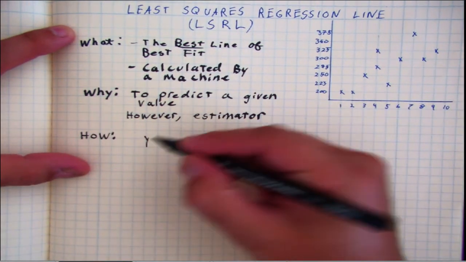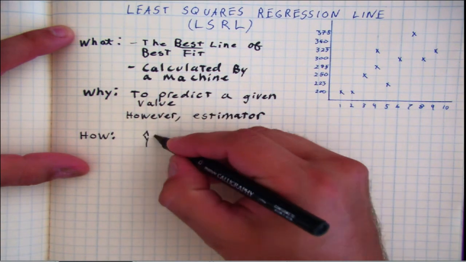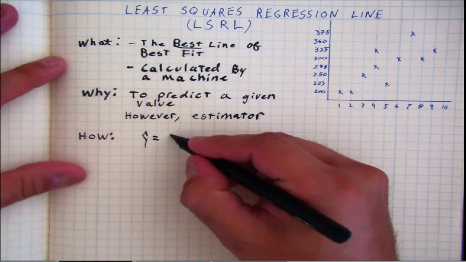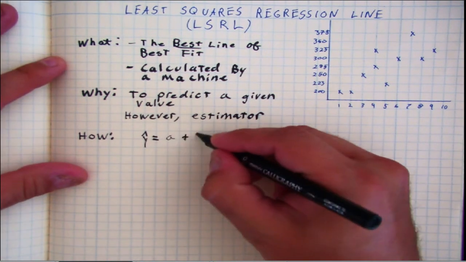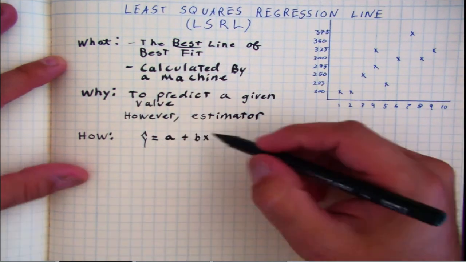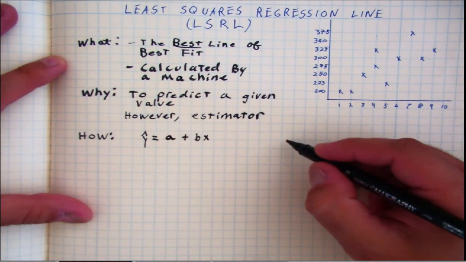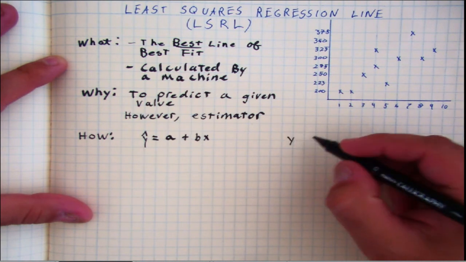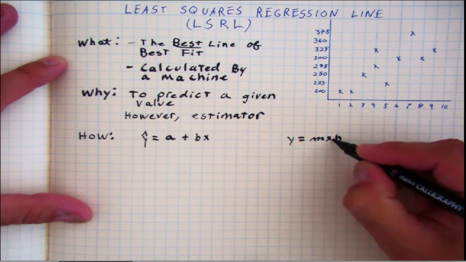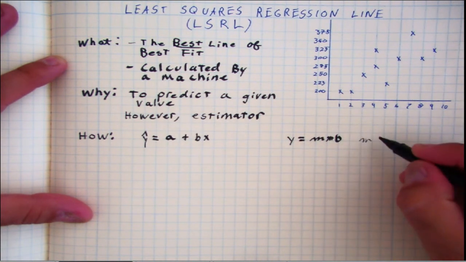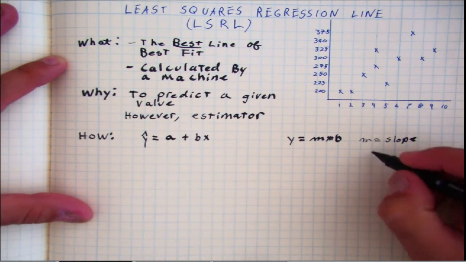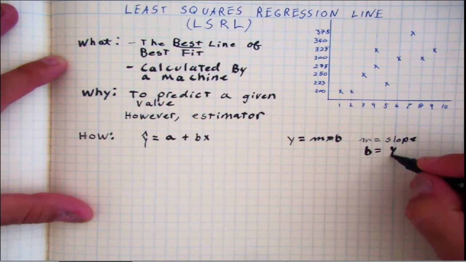The equation for the LSRL is going to be y hat is equal to a plus bx. I hope you're familiar with linear algebra. When you graph a line in algebra, usually you use this equation, y equals mx plus b, where m is the slope and b is the y-intercept.